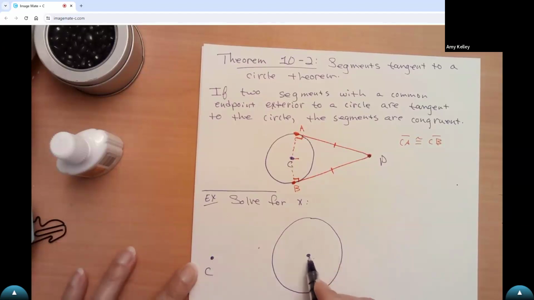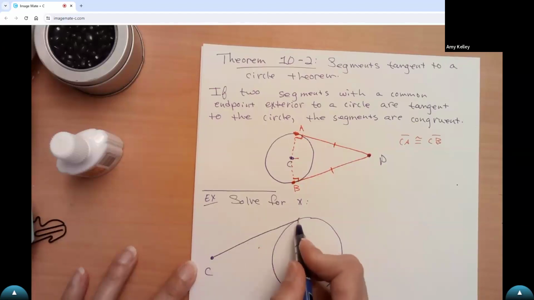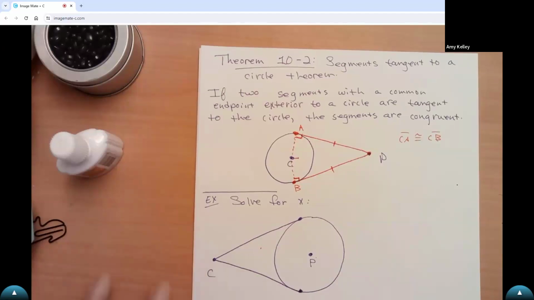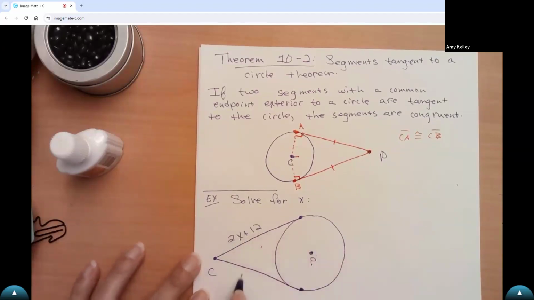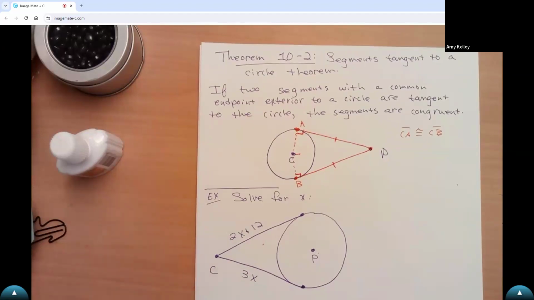Maybe you have your circle right here, and you have your tangent lines meeting here and here. My drawing's not the greatest, but let's call this segment 2x plus 12, and we'll call this one 3x. Since we know that these segments are congruent, how do we solve?